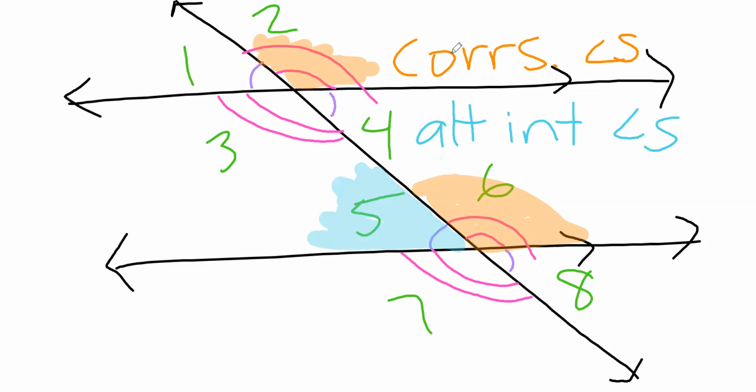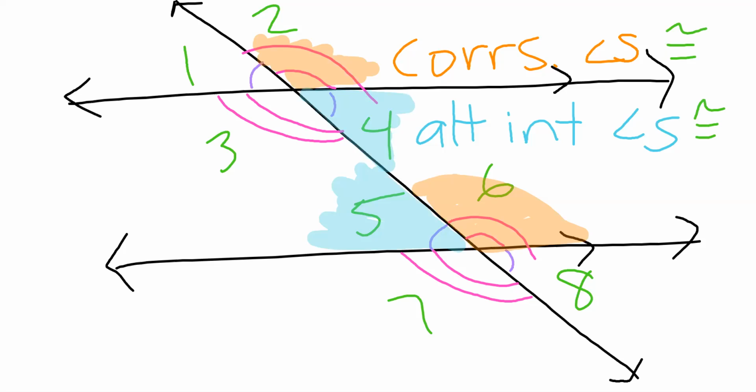And what pair is on the opposite side of the transversal and also inside the parallel lines? Well, number 4. So 5 and 4 are alternate interior angles. The other pair of alternate interior angles here are 3 and 6. You'll notice that these are also congruent. I'm going to go ahead and mark that actually. Corresponding angles are congruent. Alternate interior angles are congruent.